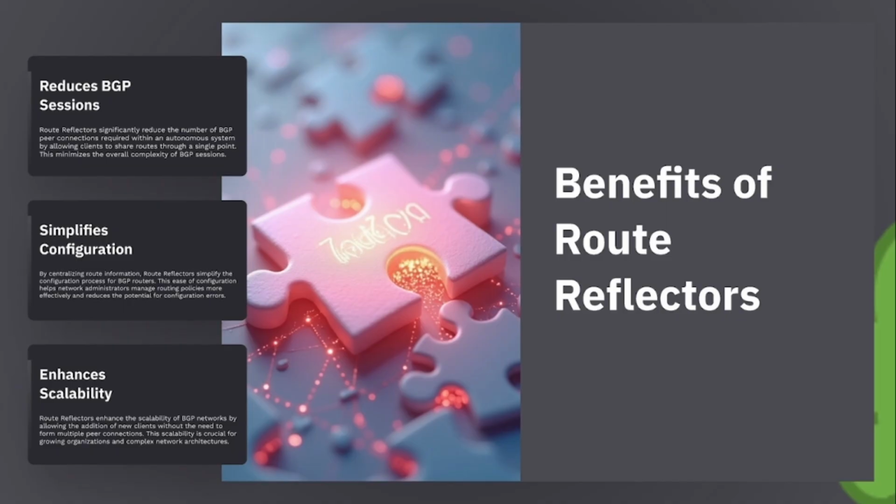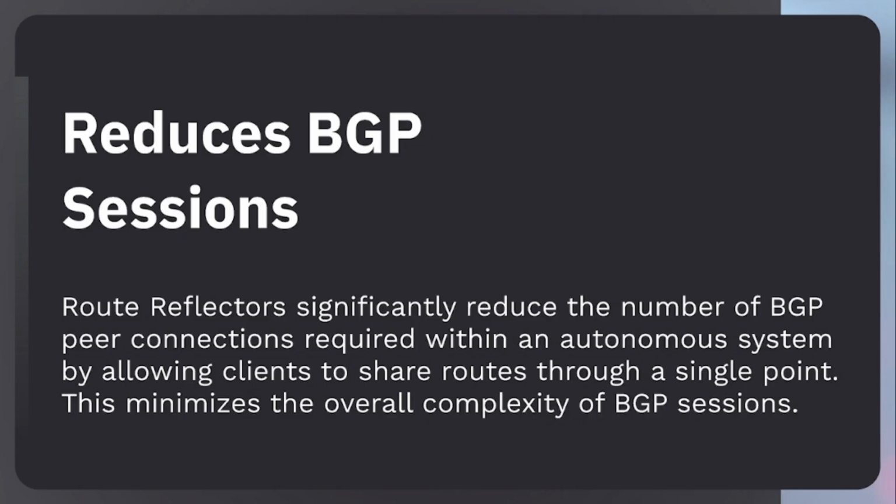So what are the benefits of route reflectors? It reduces the BGP sessions. Route reflectors significantly reduce the number of BGP peer connections required within an autonomous system. Because if you are having too many sessions, then you definitely have too many TCP connections. By allowing clients to share routes through a single point, all the BGP clients disseminate the routes to that single point.